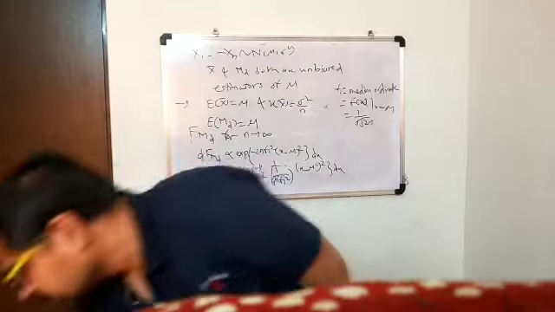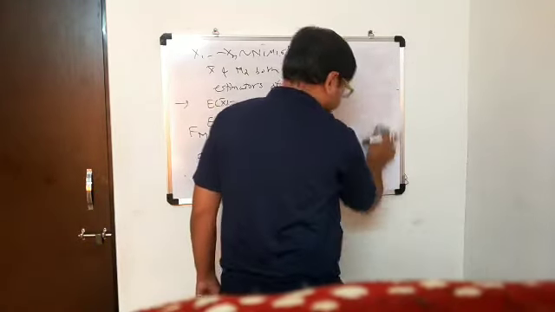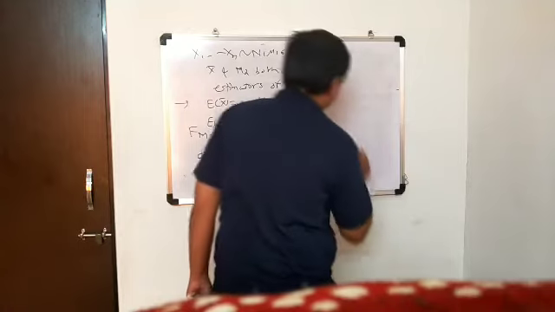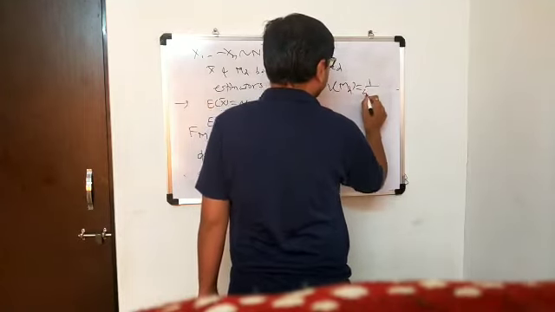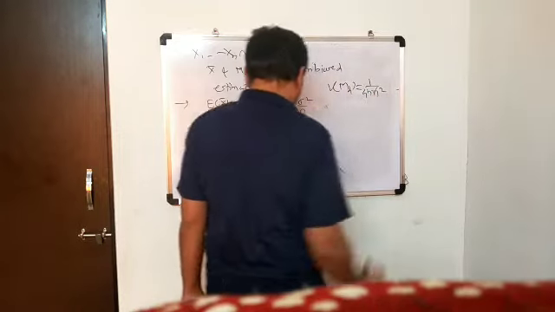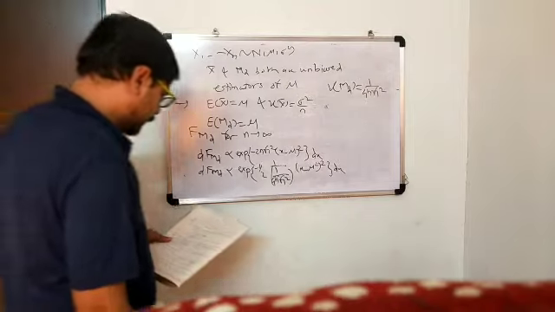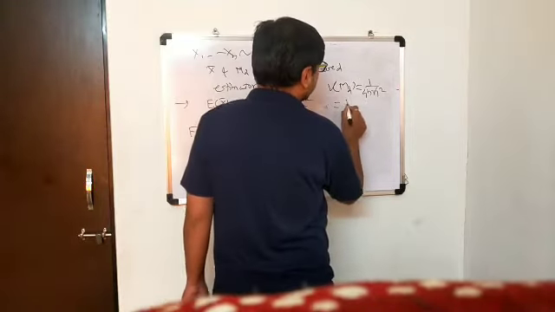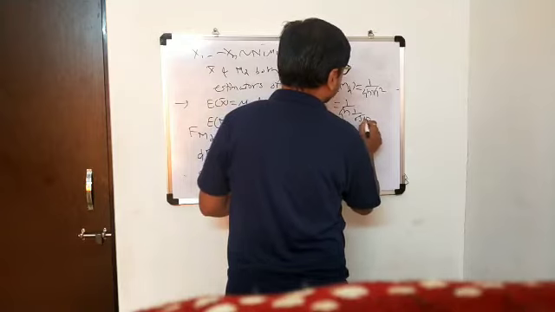So the variance of the median is 1 upon 4n f1 square, and f1 we know is 1 upon sigma root 2 pi, bracket square.